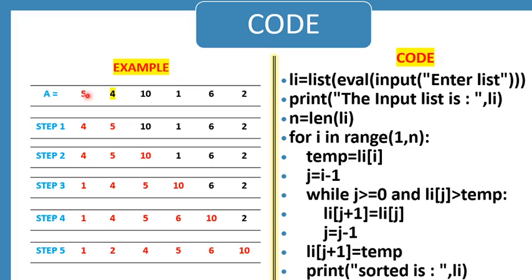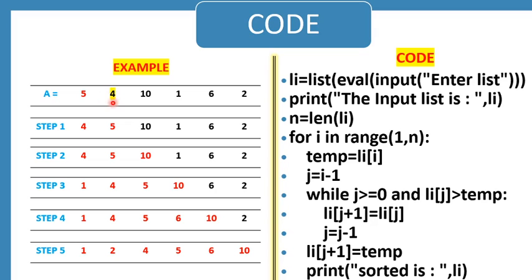Now in step 1, what is j? j is at 5, because the starting value for j is 5. In step 2, what is j? Again it is 5, but from index 1. Here, what is j? j starts from here.